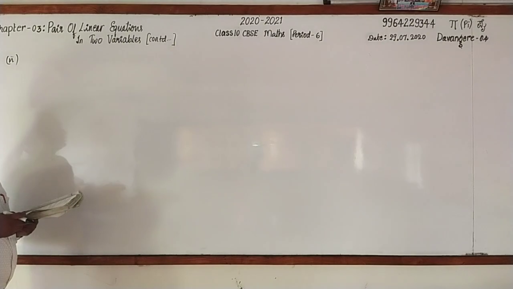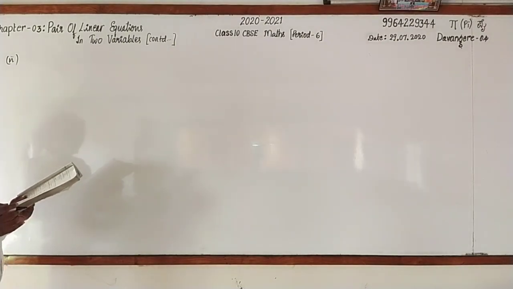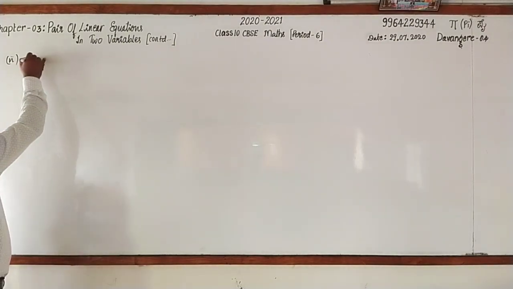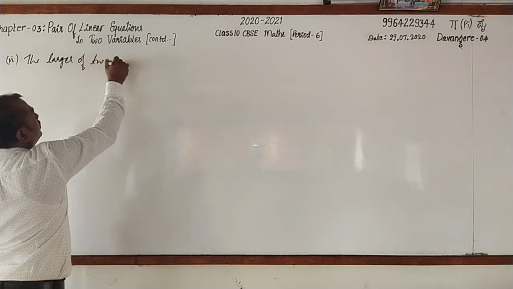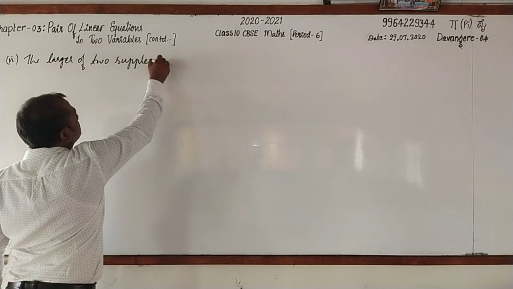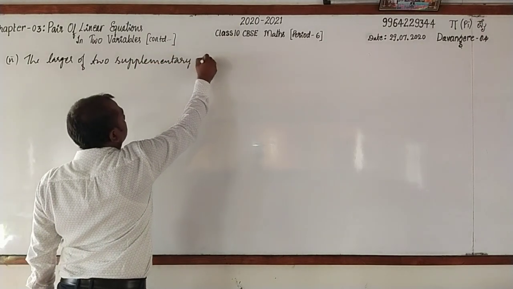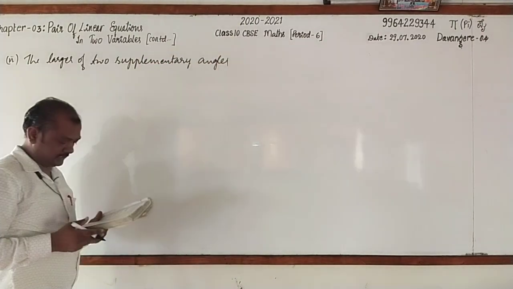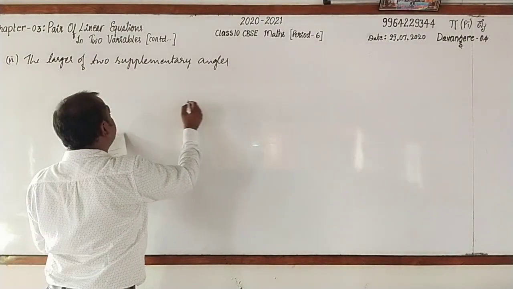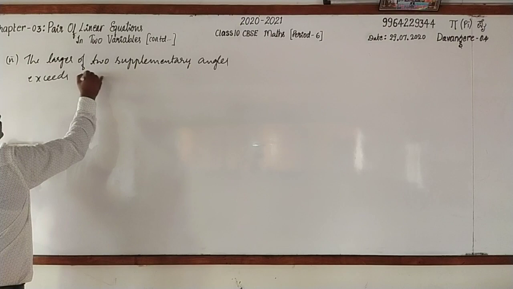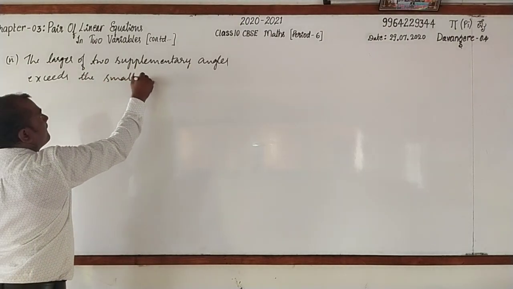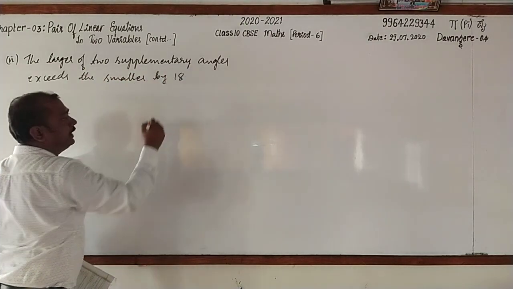Now, the second sub question is like this. The larger of two supplementary angles exceeds the smaller by 18.